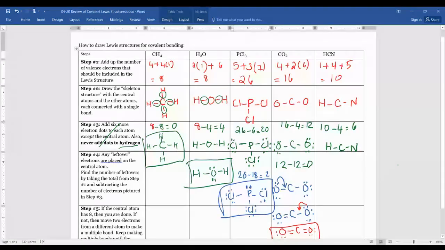So I can't put any of the electrons here, so all the 6 electrons go to the nitrogen, which means I have 6 minus 6 is 0. And then I draw this again. I gotta bring a pair down because carbon does not have 8 electrons. I gotta bring another pair down here. Now I'm done.